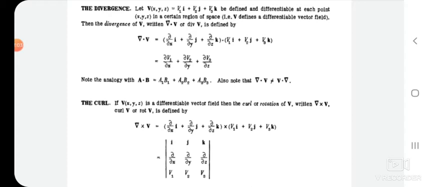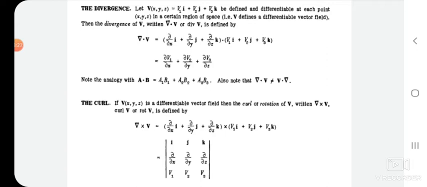To understand this curl phenomenon, let us consider v is a function which varies with respect to x, y, z, and this function is a differentiable vector field. Then the curl or rotation of v is written as del cross v.